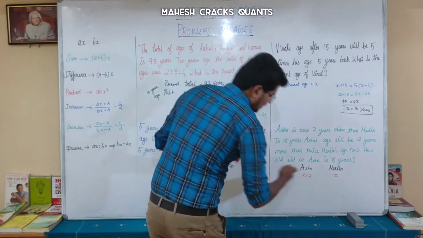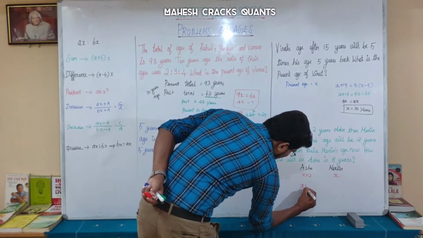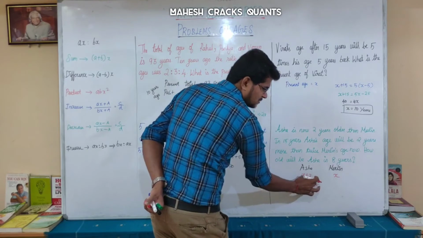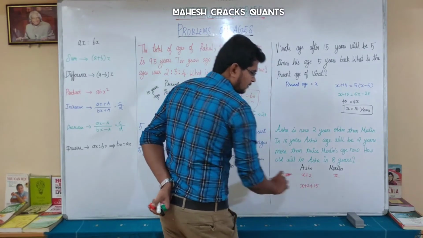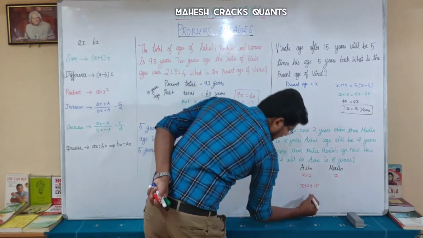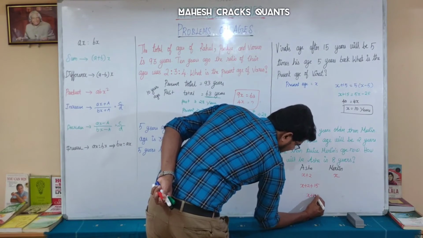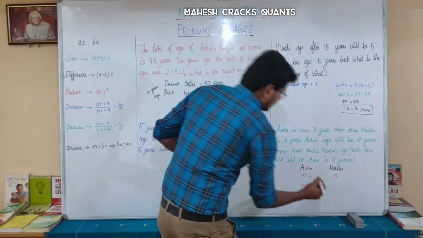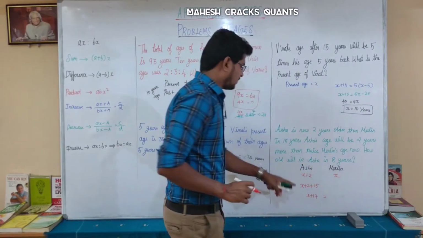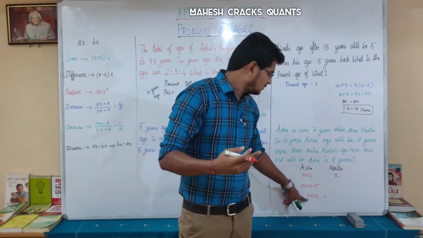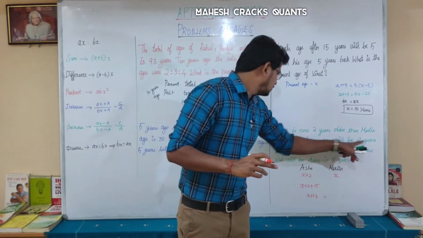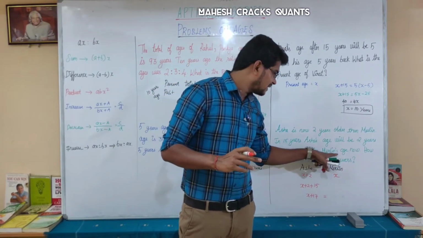After 15 years, what will Asha's age be? x plus 2 plus 15. x plus 2 is the present age of Asha. After 15 years, x plus 2 plus 15, which is nothing but x plus 17, is the age of Asha, which will be 2 years more than twice Merlin's age.